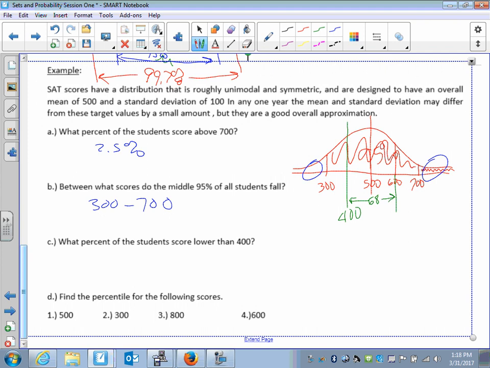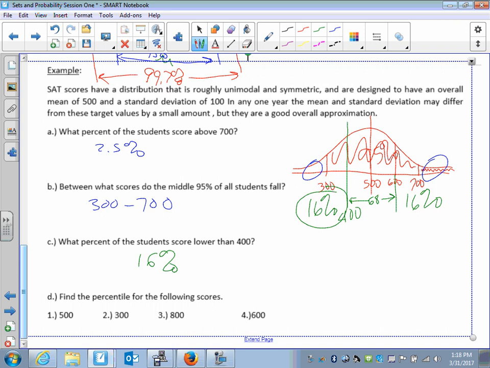And again, now that means 32% is outside of that region. And again, the curve is symmetric, so we cut that in half, and that would mean that there's 16% down here and 16% up here. And since we want the percent of students that score lower than 400, that's only this 16%. So again, by the empirical rule, we have 16%.